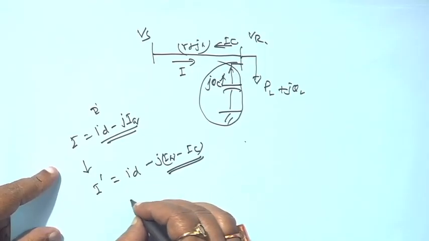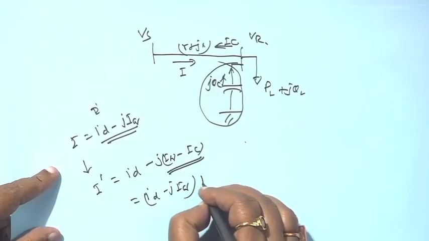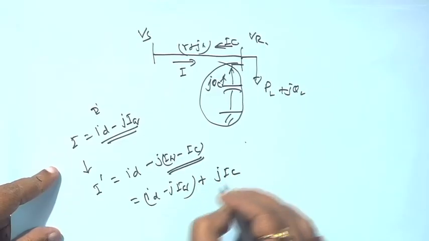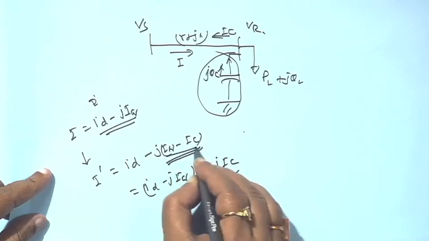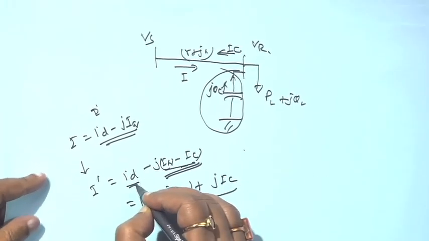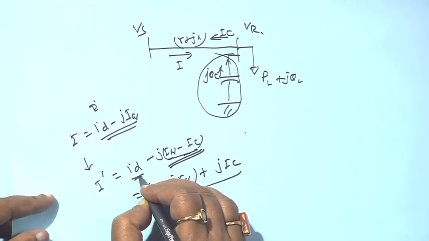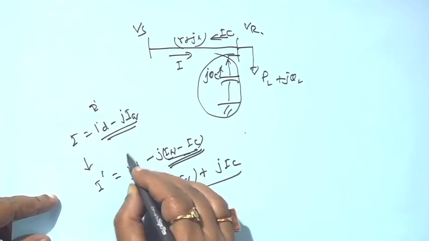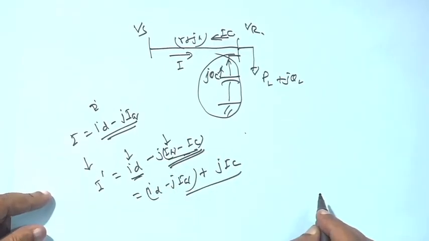So this is actually I d minus j I q, right, plus j I c, we can write this way. So this part is getting decreased, but this part almost does not change. Because of the voltage improvement, if you go through computer simulation you will find a slight change, but for our understanding, say this part remains constant, this part also remains constant with the capacitor.